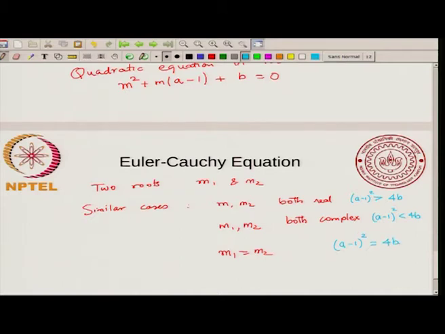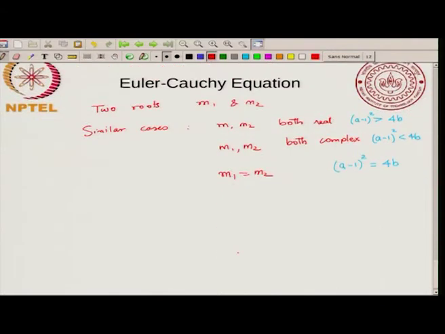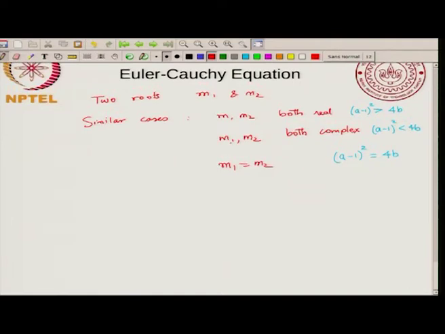These are the conditions in which you will get these solutions, and you know what to do. The general solution in the first two cases is y equal to c1 x raised to m1 plus c2 x raised to m2, if m1 is not equal to m2.